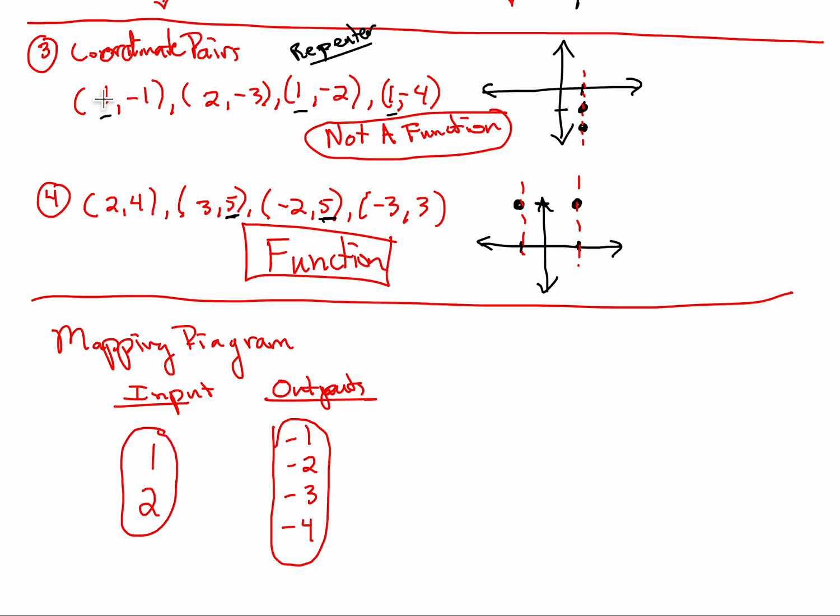So my 1 goes to -1, and I'll draw an arrow there. 2 maps to -3. 1 maps to -2. And 1 maps to -4.